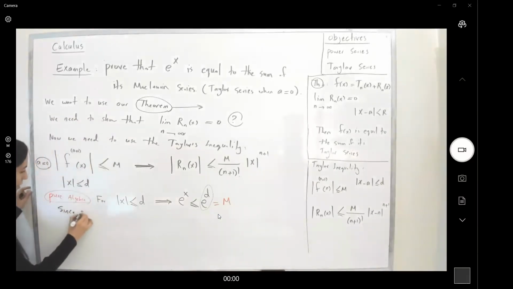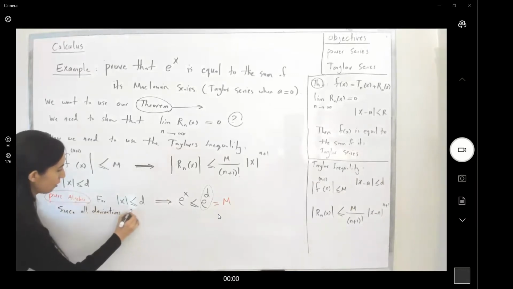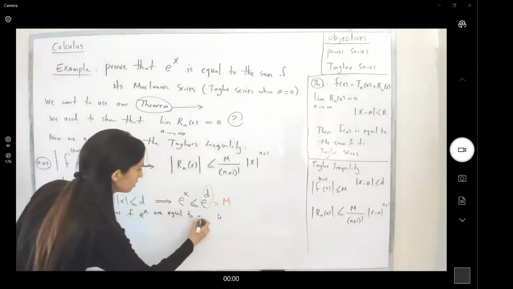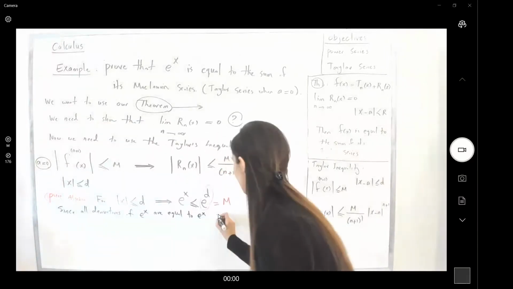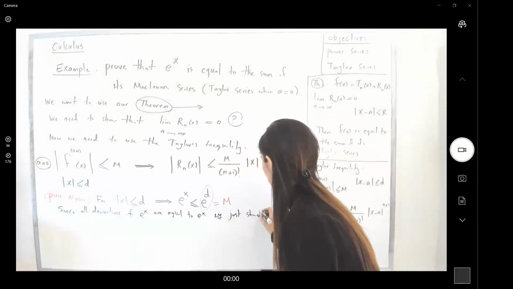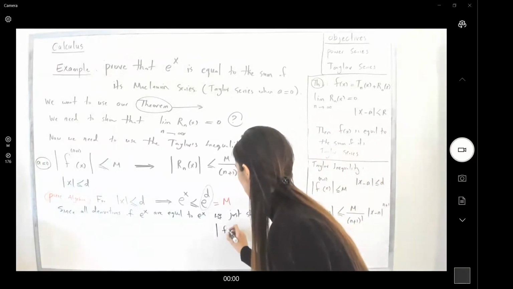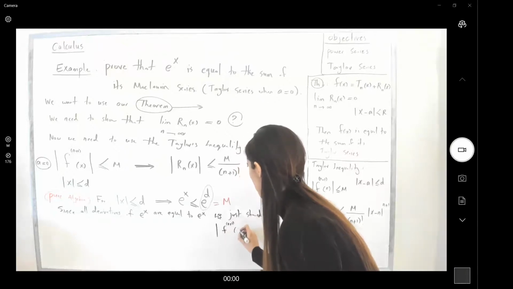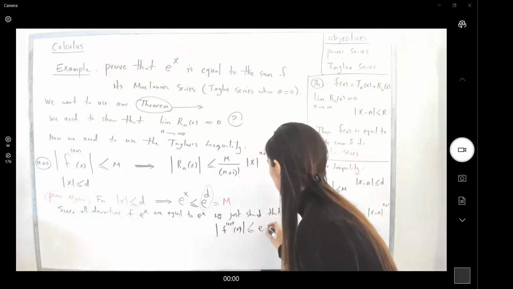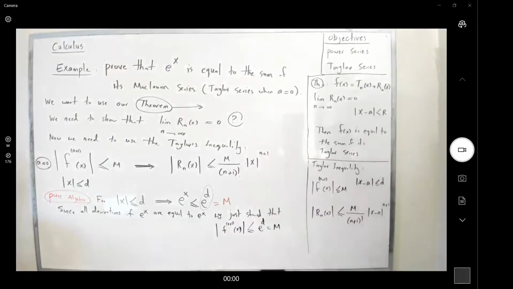Since all derivatives of e to the x are equal to e to the x, we just showed that the n plus 1 derivative of f at x is less than or equal to e to the d, which is our M. Okay, perfect.